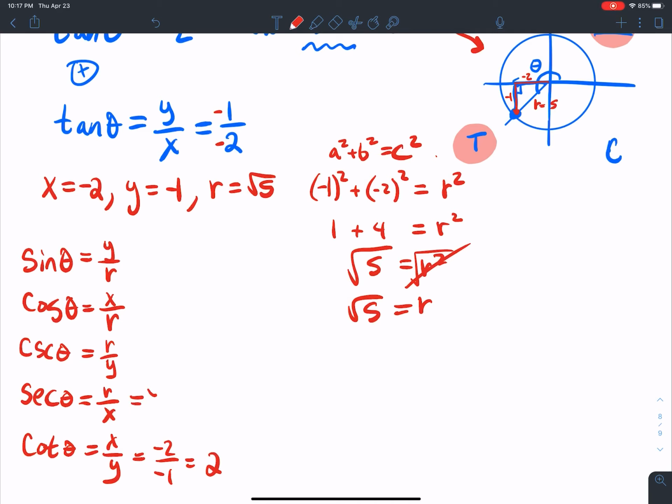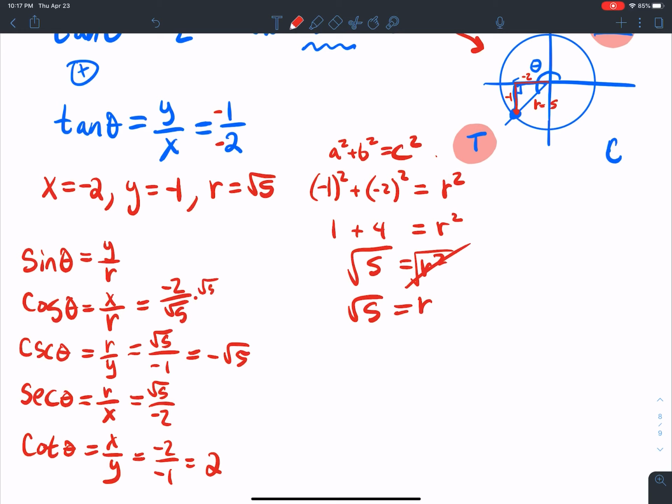Cosecant is r over y: square root 5 over -1. Secant is r over x: square root 5 over -2. And if you want to simplify this, guys, you can. Cosine is x over r, which is negative 2 over square root 5.